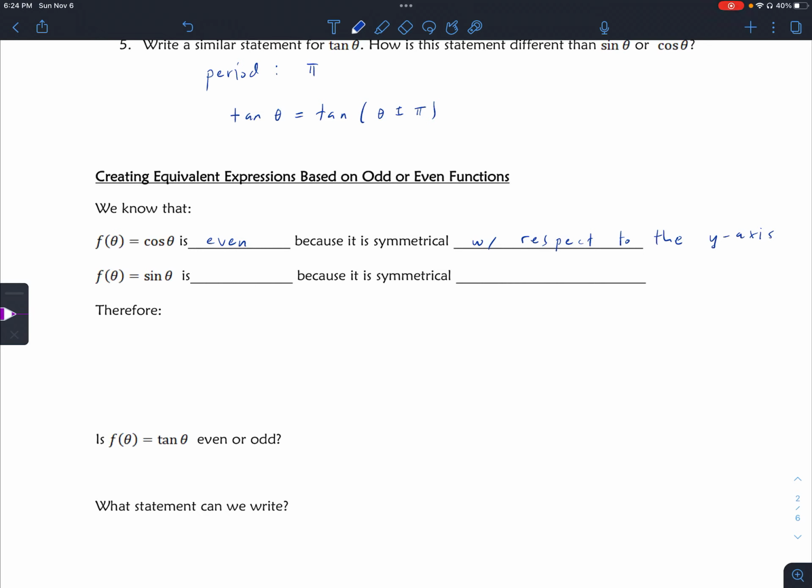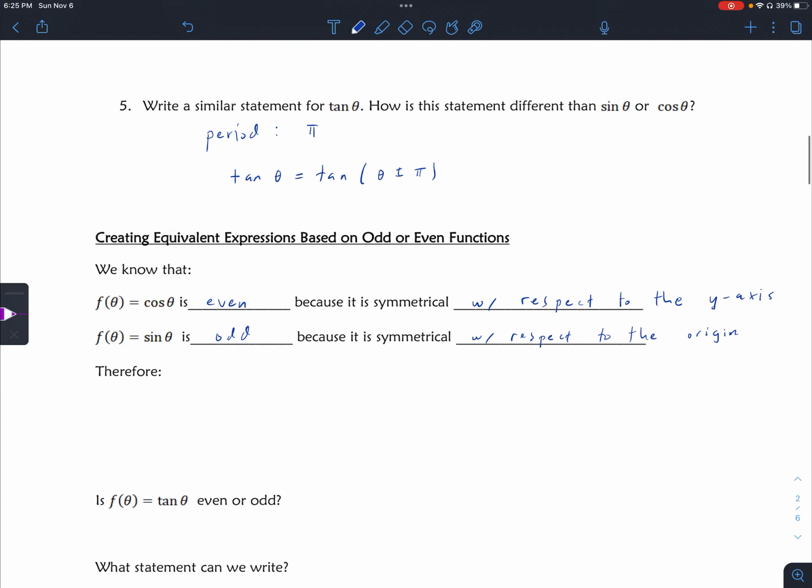While sine, on the other hand, is an odd function because it's symmetrical with respect to the origin. It has point symmetry.